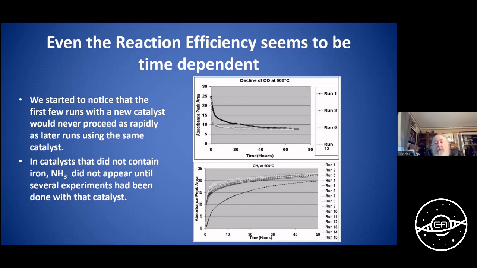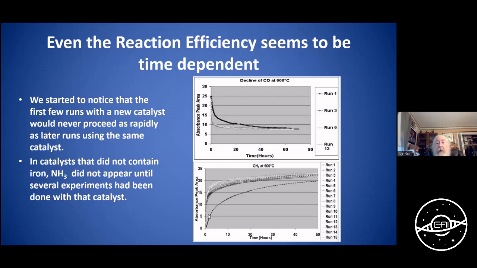And as we ran more and more experiments, 10 to 20 experiments on that same catalyst, it turned out that the reactions got faster and faster. As we started, we had a slow decrease of the carbon monoxide, relatively speaking. As we increased the number of runs, we got faster and faster.